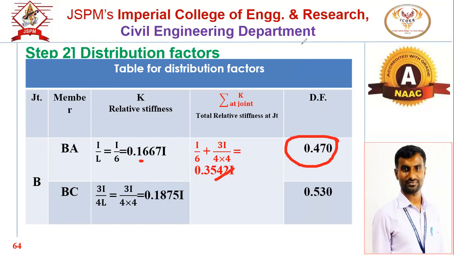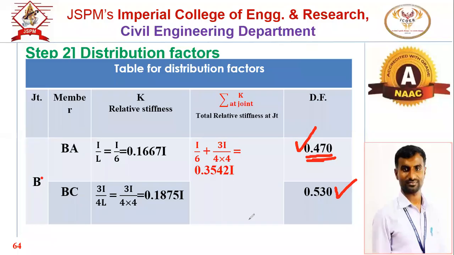If you have found this distribution factor correctly, 0.47, then for BC directly it is 1 minus this distribution factor. But the condition is that at a joint there should be two members connected, and provided that you have found the first distribution factor correctly. If you have found 0.47 correctly, the next distribution factor will be 1 minus 0.47, that is 0.53.